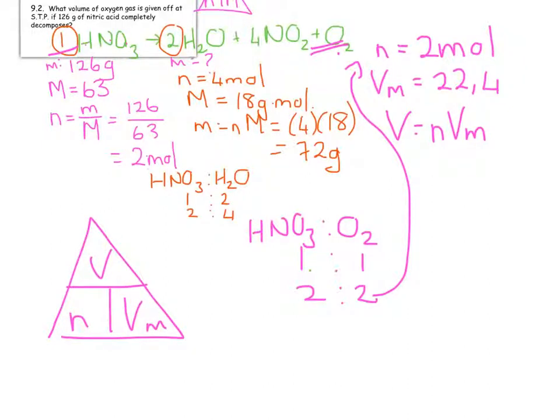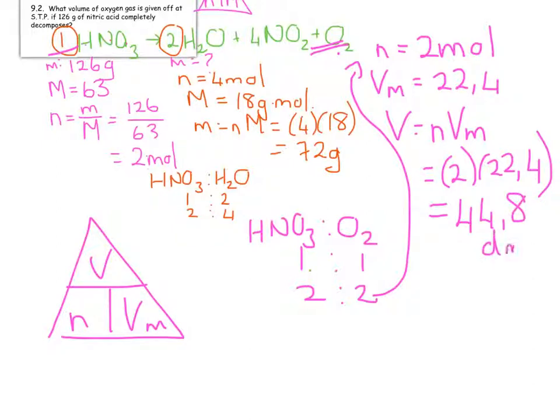And if I then take the volume out, I land up with number of moles times by molar volume. I then go 2 moles times by 22,4, and I land up with an answer of 44,8 decimeters cubed.